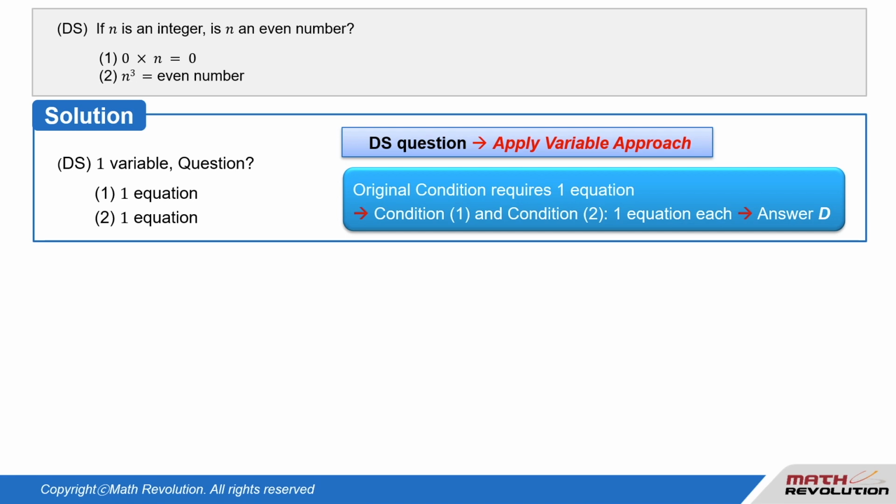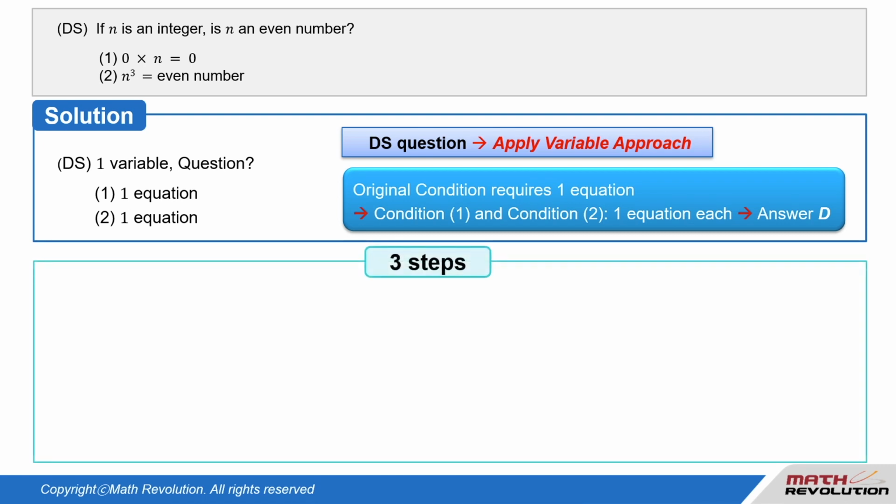Now, one variable would generally require one equation to allow us to determine the value of the variable. We know that each condition would usually give us an equation, and since we need one equation to match the numbers of variables and equations in the original condition, the equal number of equations and variables should logically lead to the answer D.